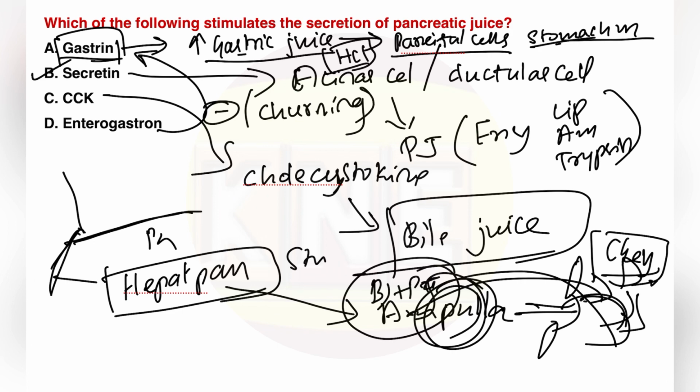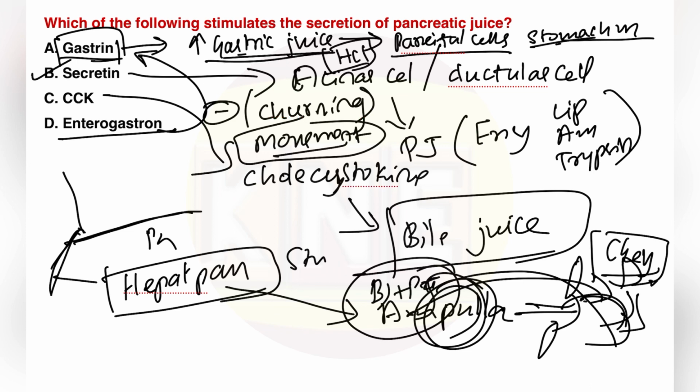The churning effect means the movement of the stomach; what stops the movement of the stomach? Enterogastrone, in the way gastrin secretes. So gastrin makes the movement and gastric juice, but enterogastrone has the negative feedback in order to stop the movement and gastric juice. I hope you understood this one.